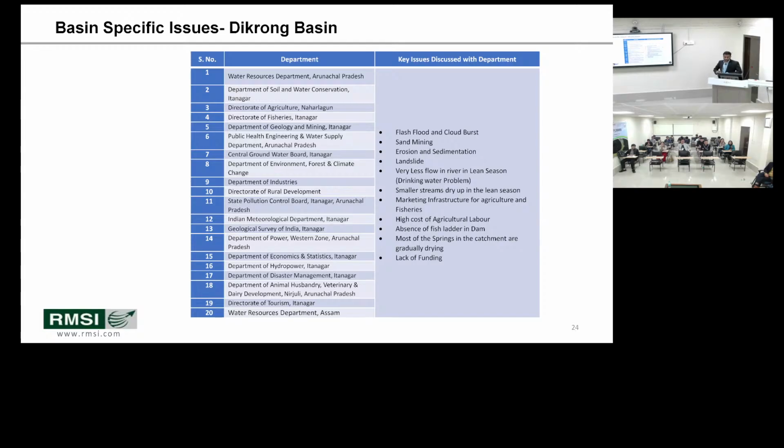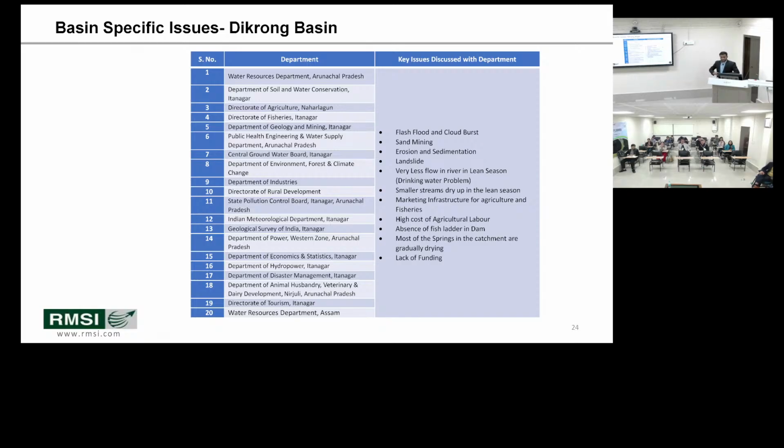And these are some basin specific issues we discovered during the stakeholder consultation last year. Flash floods and cloudbursts happen almost every year. Sand mining, I have shown some photographs. Erosion and sedimentation, you can see the color of the river, it carries a huge load of sediment. Landslides are there, there is very little flow in the river in the lean season, and smaller streams are totally dried up.